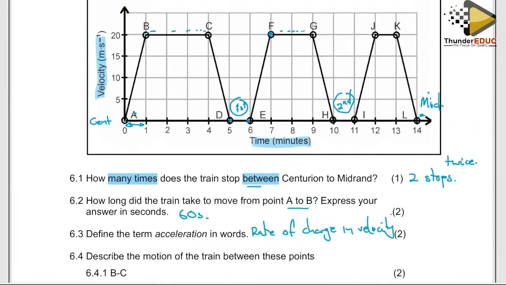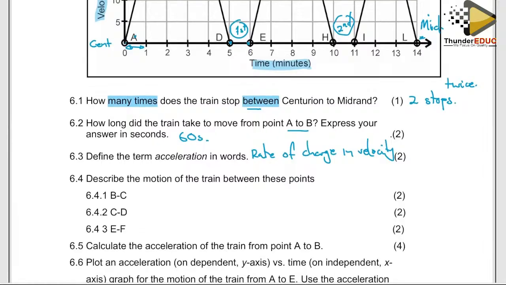From B to C, we can see the velocity is not changing, so it's constant velocity. Then the next one that you're having there.